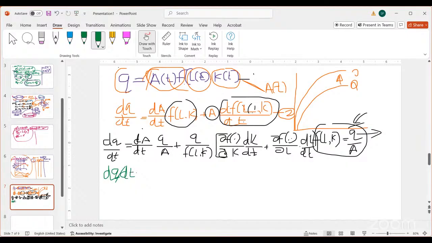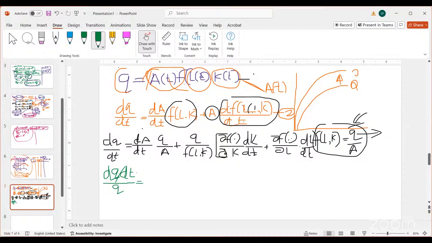That is the rate of change with time. And if you divide by Q, you get the growth rate of output, you get that.